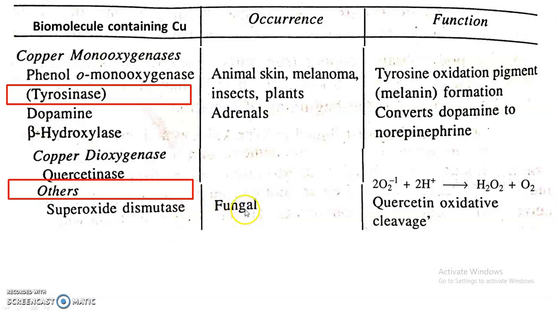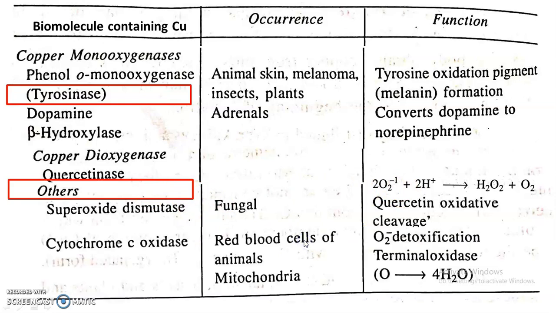It is found in fungi. Superoxide is formed during metabolic reactions, and it is not required; superoxide ions are dangerous and result in damaging the cell, and therefore they need to be eliminated from the body. This elimination of superoxide is done by superoxide dismutase.